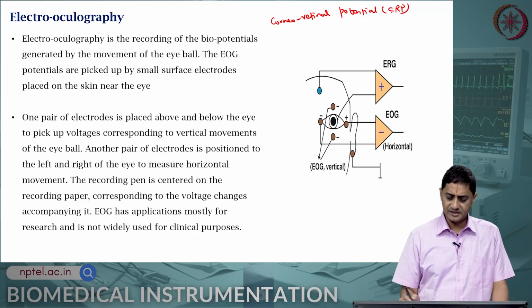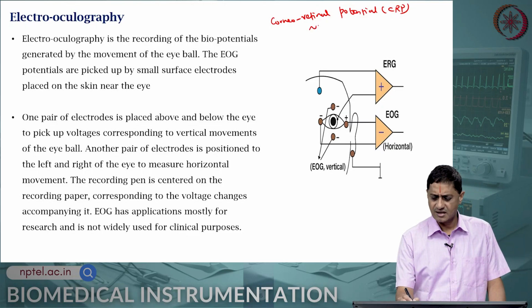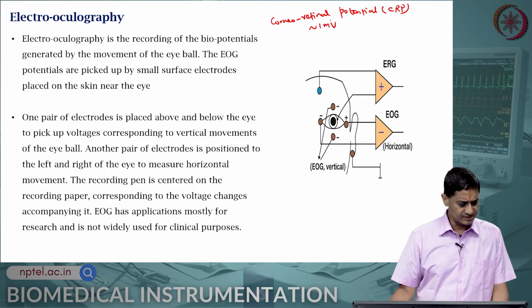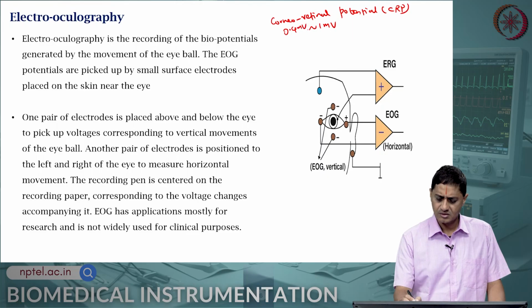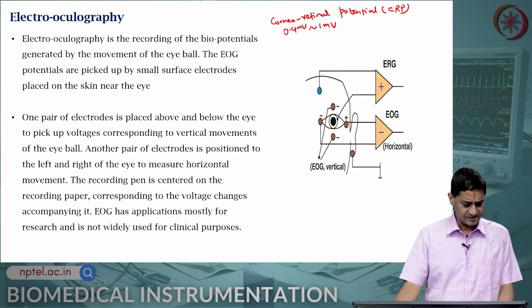This corneo-retinal potential is approximately 1 millivolt, actually a little less than 1 millivolt. It is about 0.4 to 1 millivolt approximately.